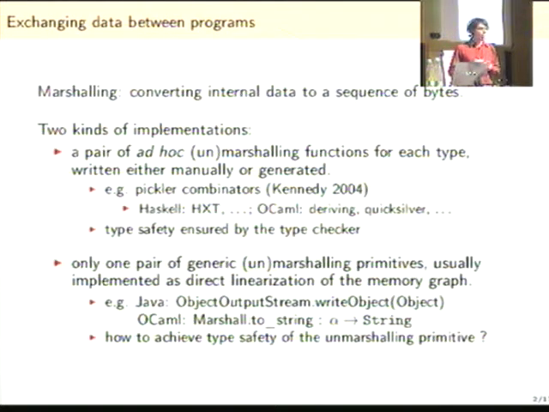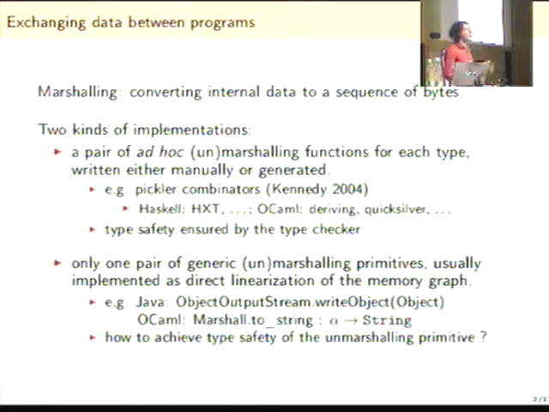Usually we can distinguish between two kinds of implementation. The first one is based on a set of ad hoc unmarshalling primitives for each data type, and such functions can be written manually. This is painful, or it could be generative, as shown, for example, by Kennedy in the functional pearl in 2004.